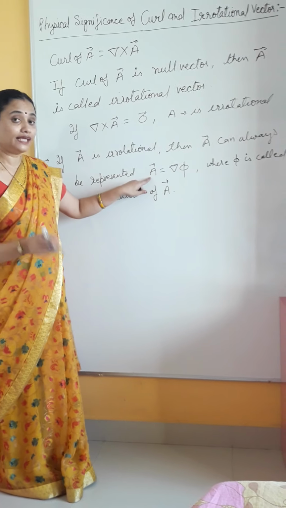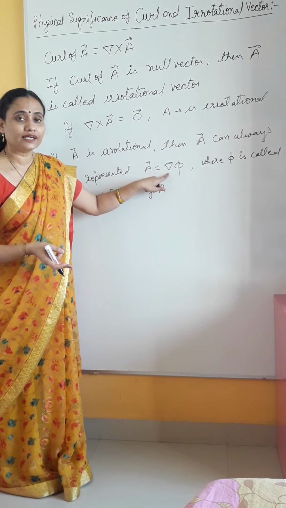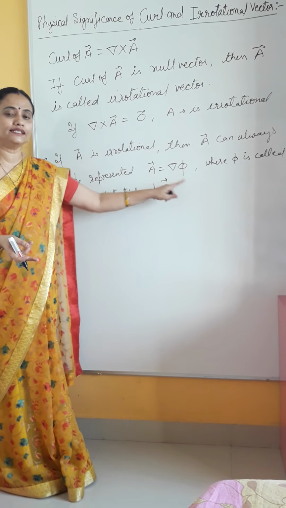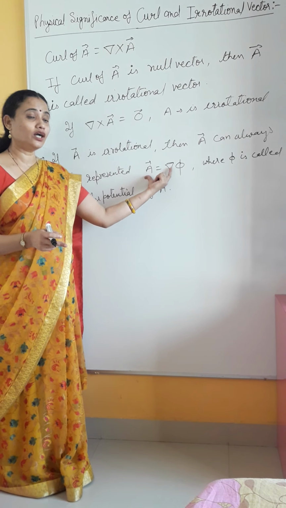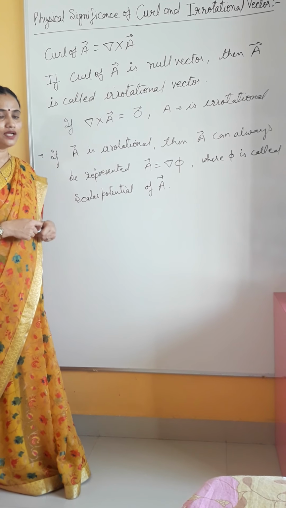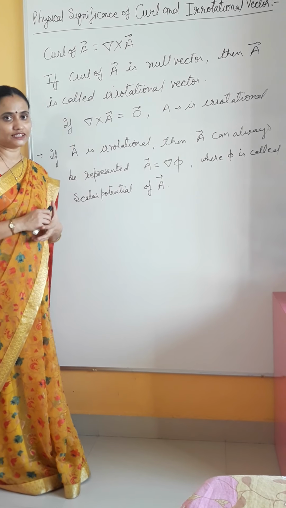So if A is irrotational, then this can always be expressed as gradient of some scalar function. This scalar function is called scalar potential of A. Remember, this is true for irrotational vector functions only. Not for every A can you find this. You can find that for irrotational functions.